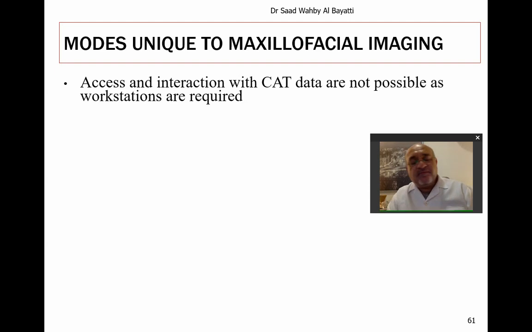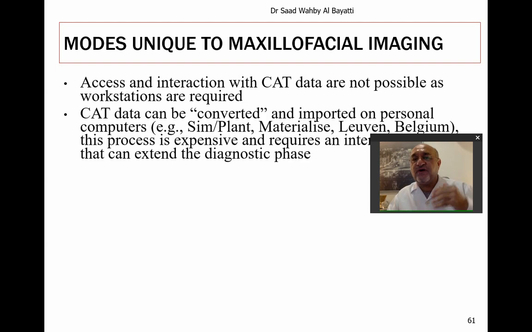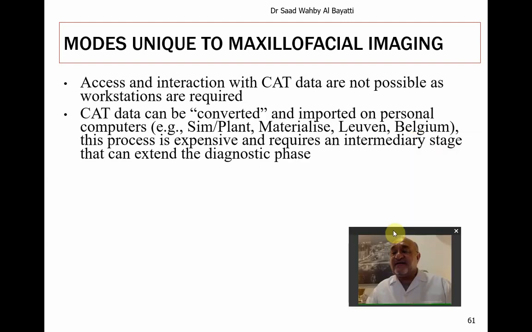In the cone beam CTs, since they are dedicated to dental use, there are preset programs and software that enable the communication between a dentist and the machine. In the CAT scanner, this is not achievable. You have to have other systems that enable the CAT scanners to be dentally oriented, we would say.